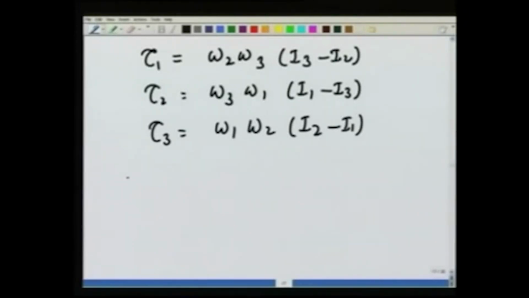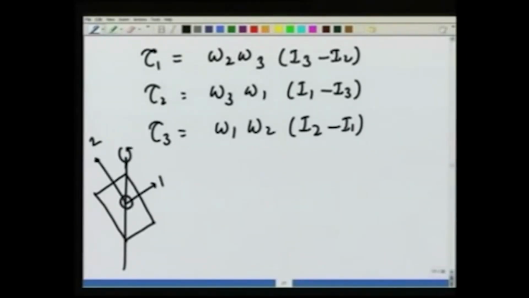Again recall, this is the way the rectangle is. Since omega is this way, this is 1 at this point, this is 2, 3 is this way, omega 3 is 0, so tau 1 comes out to be 0, tau 2 comes out to be 0.